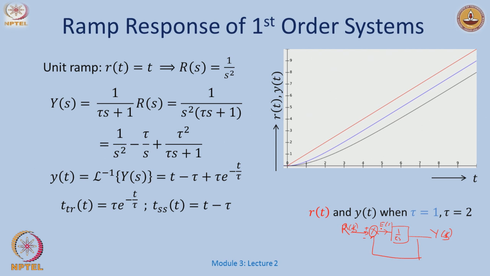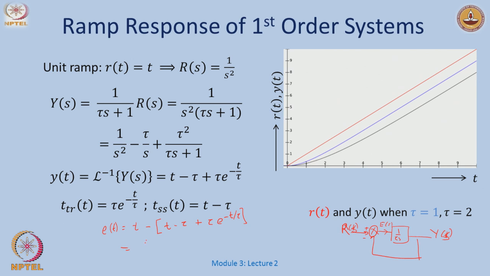Okay, so what is E of s or E of t? E of t is R of t, which is my t, minus y of t. Y of t is the entire thing, t minus tau plus tau e power minus t over tau.